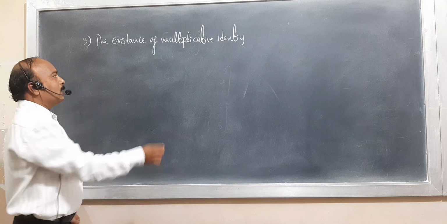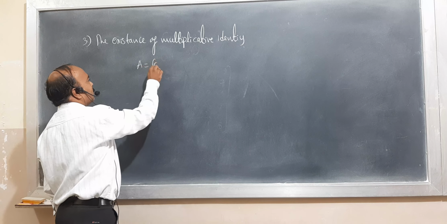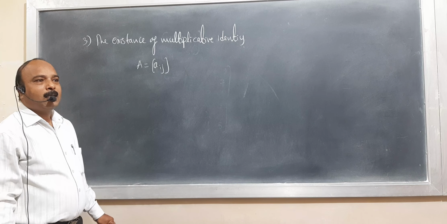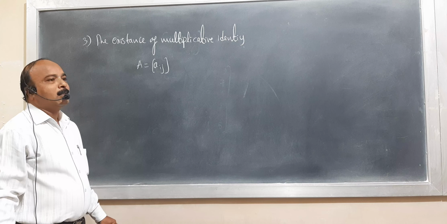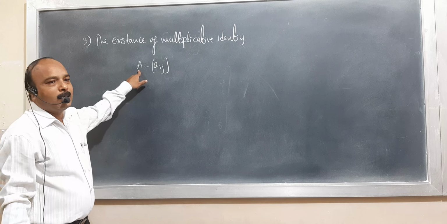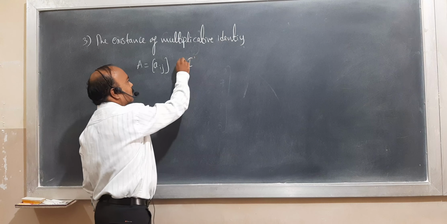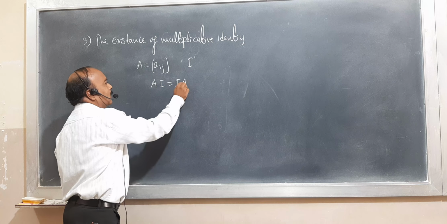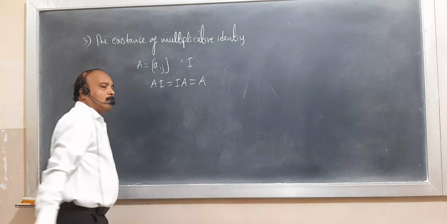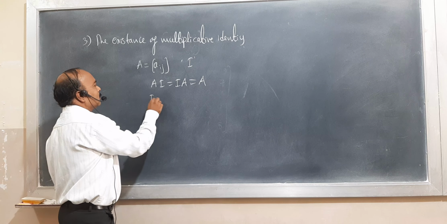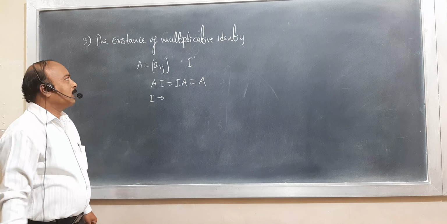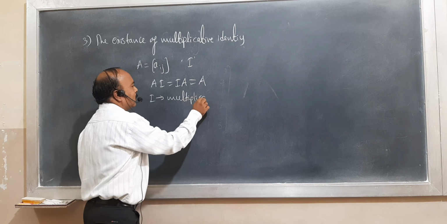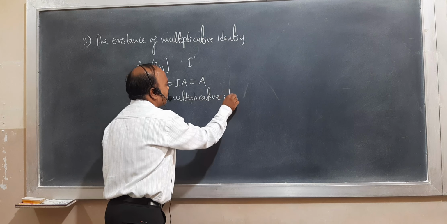Now here you consider a square matrix A equal to [Aij], any given square matrix. Then there exists another matrix, the identity matrix of the same order as A, that is I, such that A into I equal to I into A equal to A. Then this I, the identity matrix, is called the multiplicative identity.